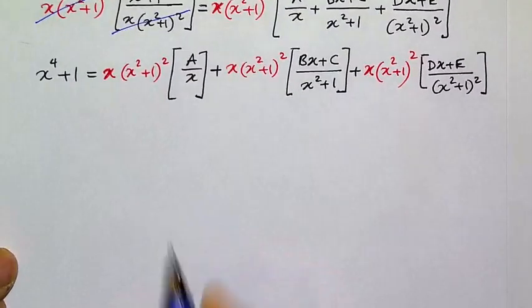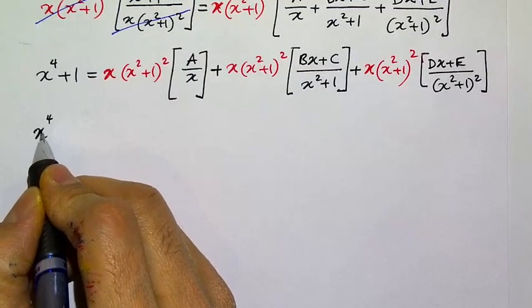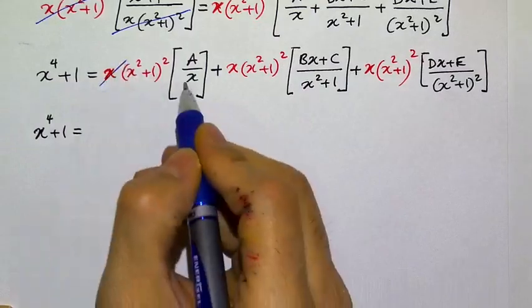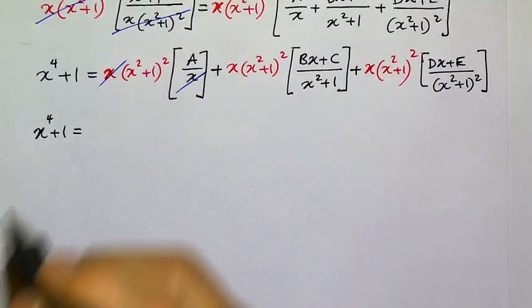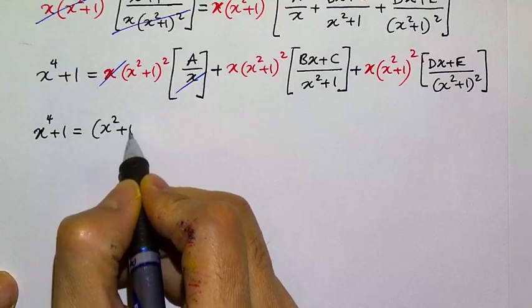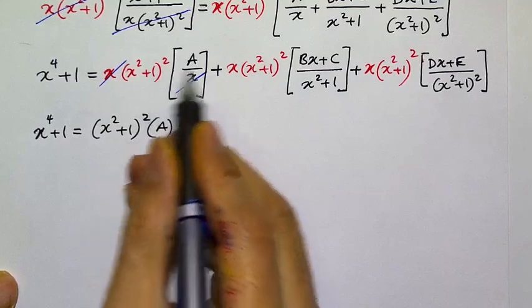So let me start with the x to the 4th plus 1 equals. Now x and x cancel each other out. We end up with (x squared plus 1) squared times A, right?